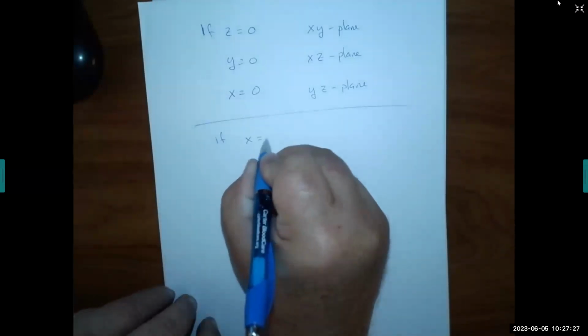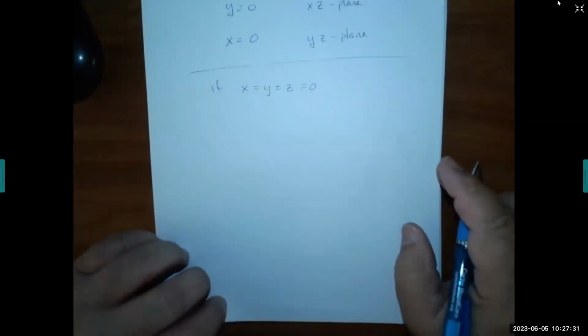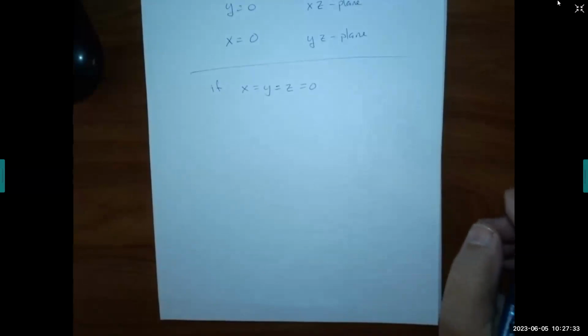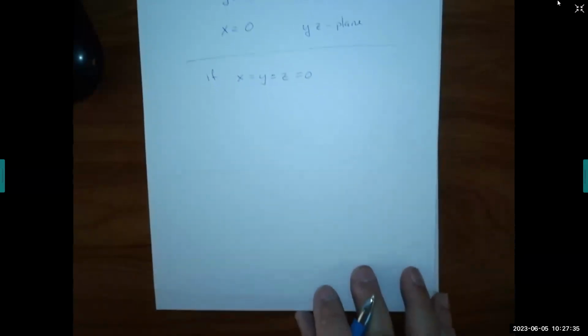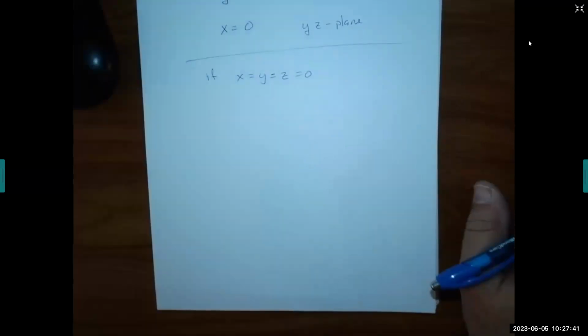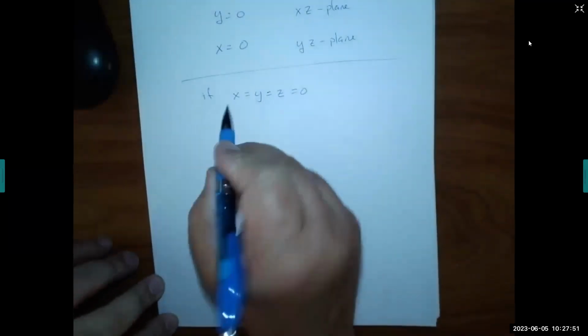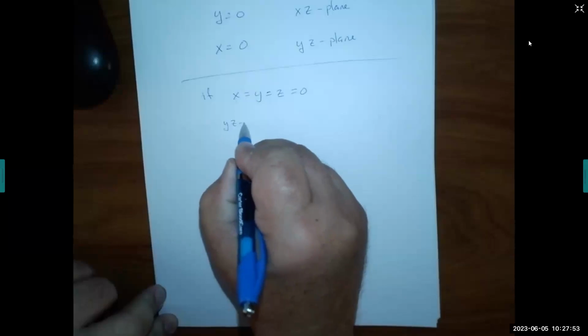What if x, y, and z all equal 0? What point would it be? It'd be the intersection of all three of these, because we know that if x is 0, we have the YZ plane.